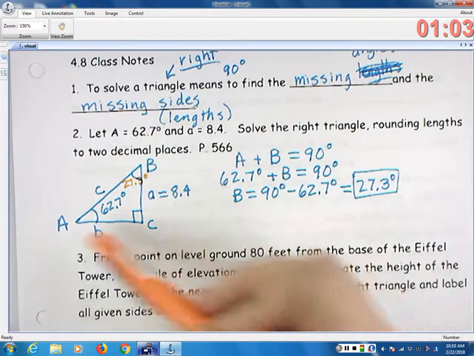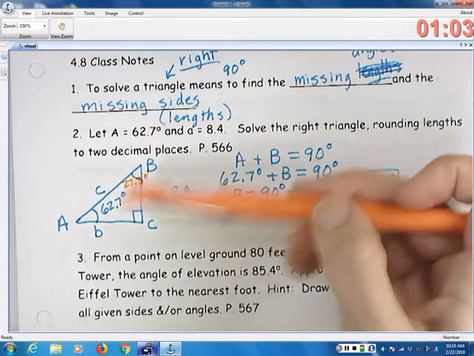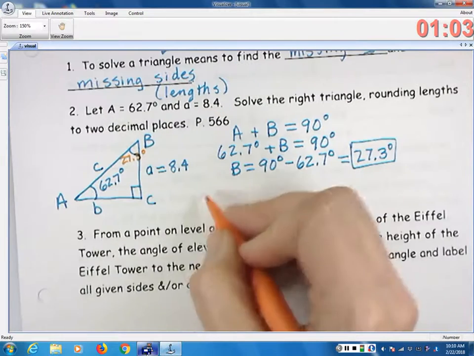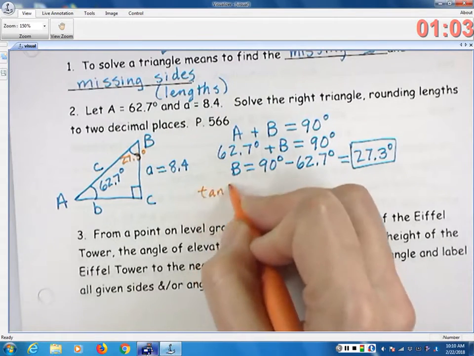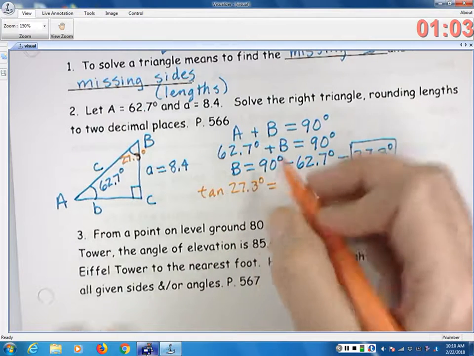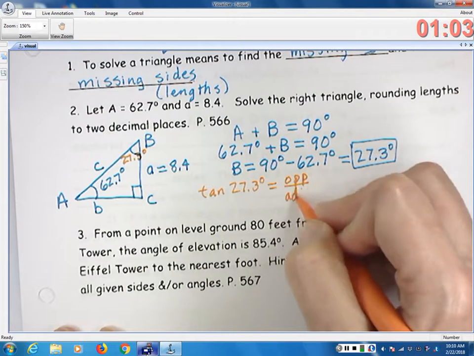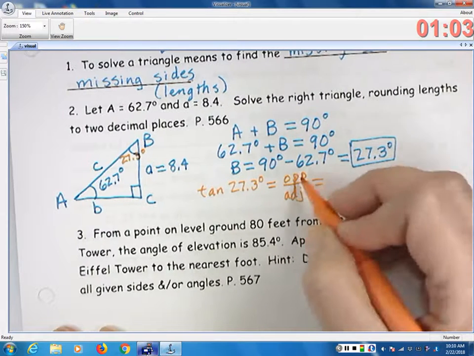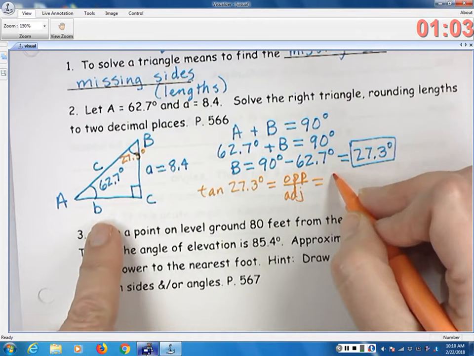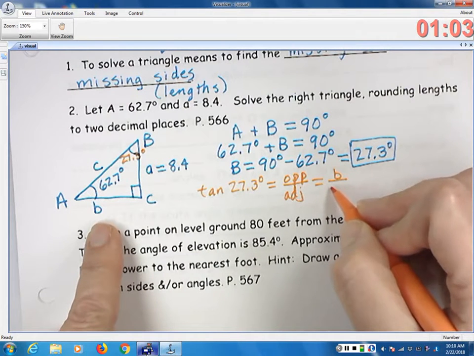So we want to find B, and the tangent of 27.3 degrees is the opposite side over the adjacent, B over A. It's best to end up with your unknown in the top of the fraction. It's easier that way. B over A, which is 8.4.